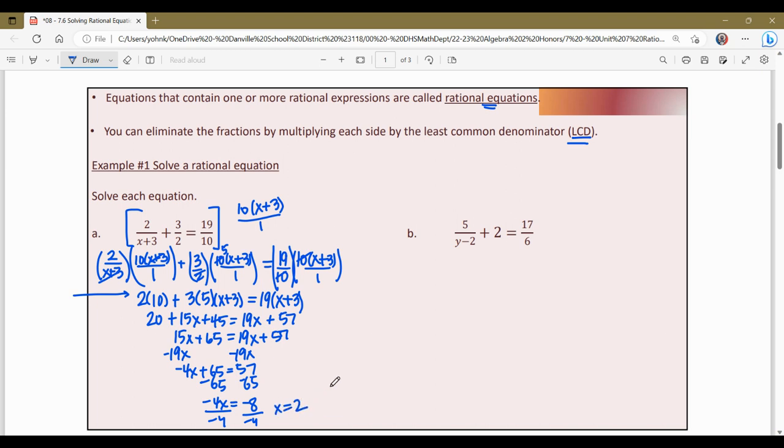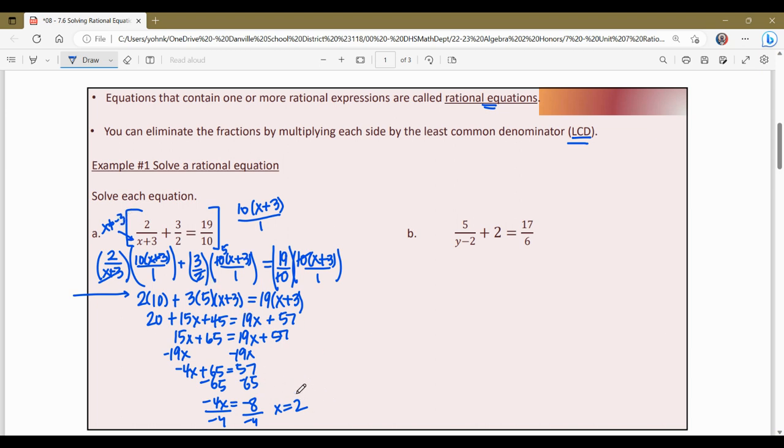One thing you want to do is make sure that whatever value you get works in the problem. The only way the answer is not going to work is if it's one of the excluded values from the very beginning. In the very beginning of the chapter, we talked about excluded values. These were values that make the denominator 0. So this part right here, x plus 3, means that x can't equal negative 3.